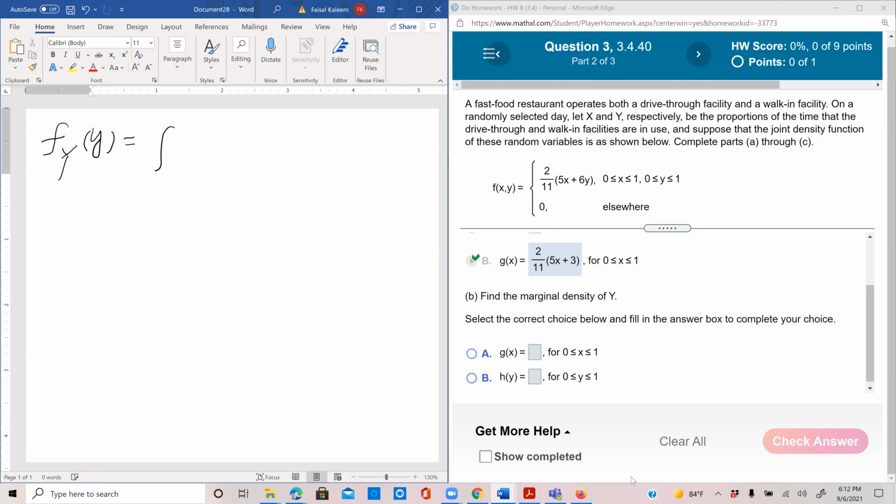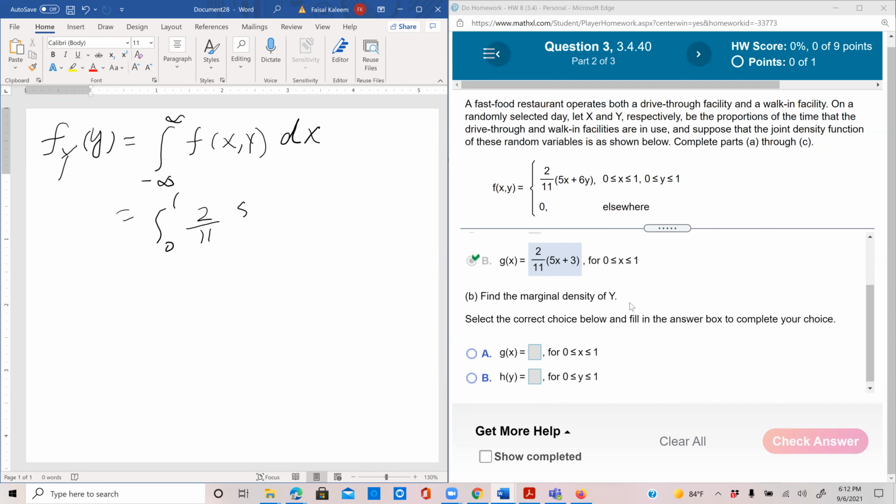And that would be, now you would integrate the x out of the joint density function. So in general, it'd be the integral from negative infinity to infinity of f(x,y). And in this case, x also goes from 0 to 1 over the non-zero part of the function. And now this integration is with respect to x, because to get the y density, you have to eliminate the x, or that's the same thing as saying integrate the x out.